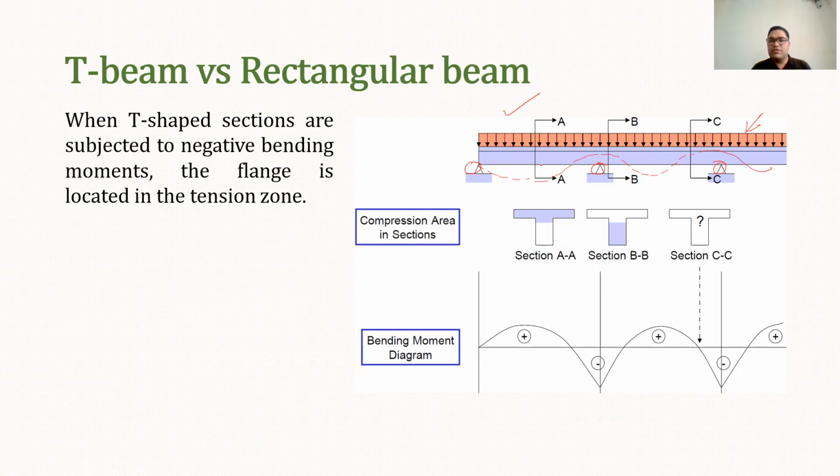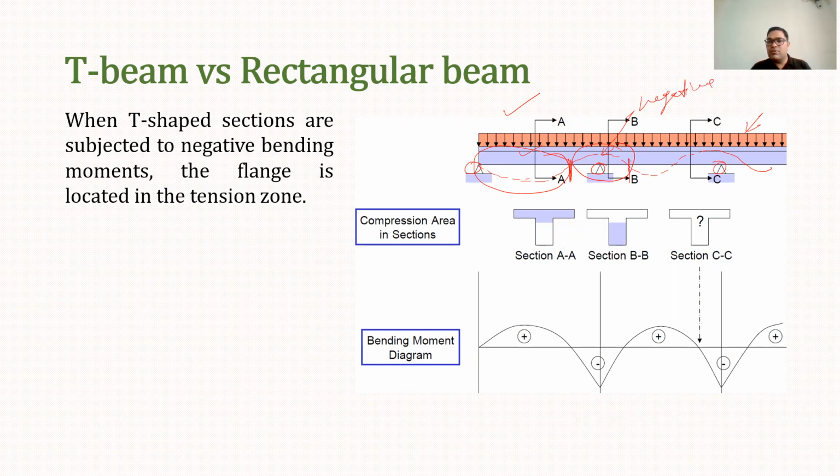You can see up to this portion, it is sagging, it is having positive bending moment, and above the support, it is hogging. The curvature of the beam is opposite to this curvature. So in this region, it is having negative bending moment.